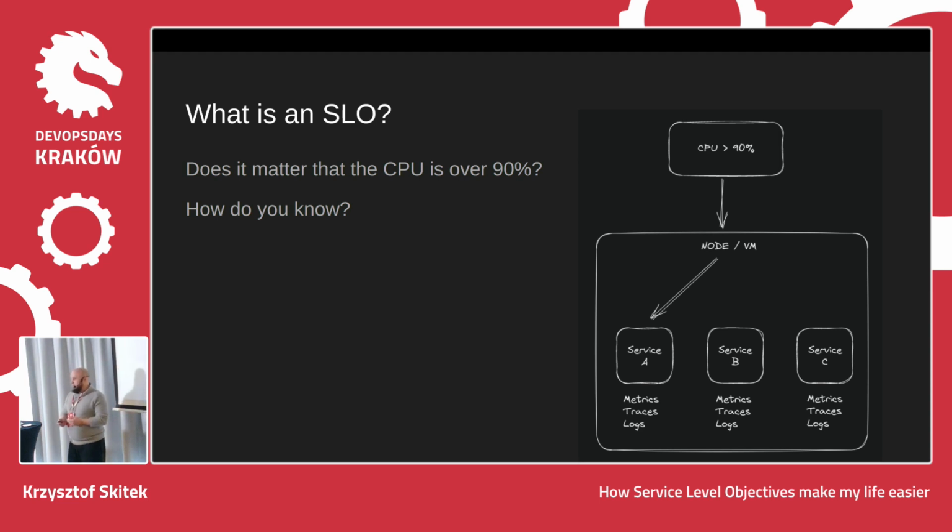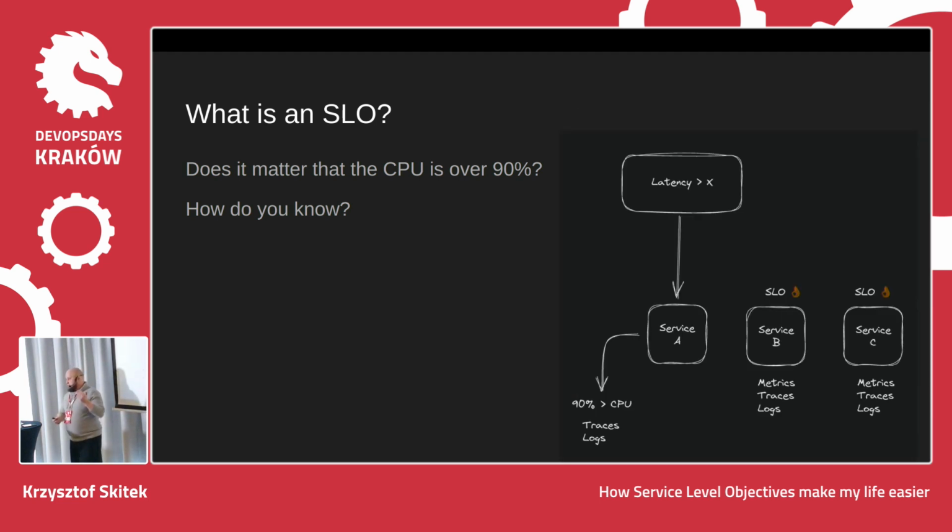maybe during the night. So if you reverse this a little bit, if you find those few metrics that your users are actually looking into, they do care about them, your situation is a little bit better because you are no longer paged because your CPU was exceeded.